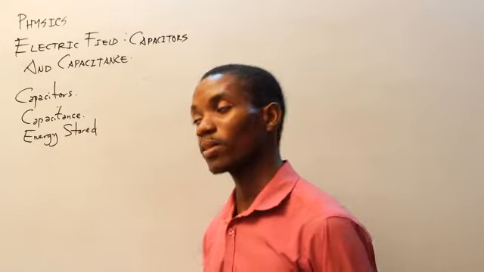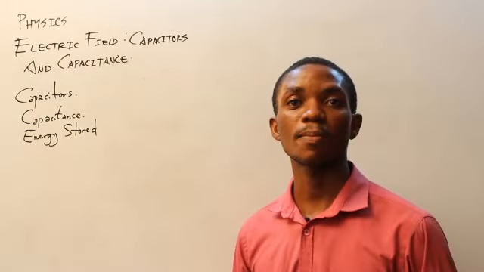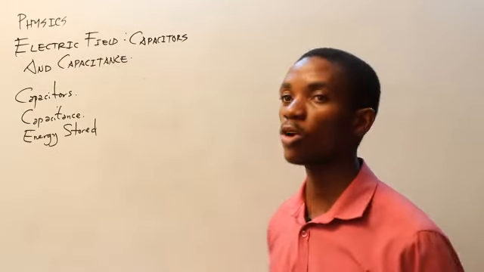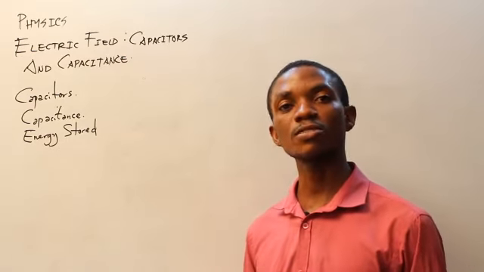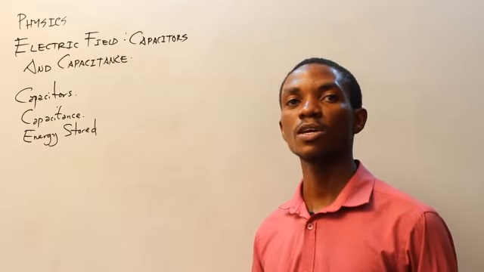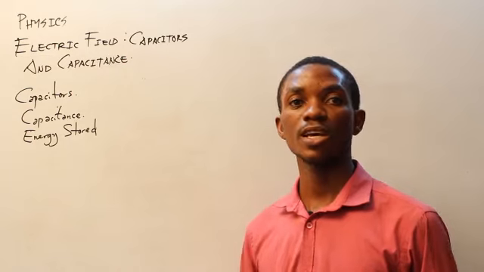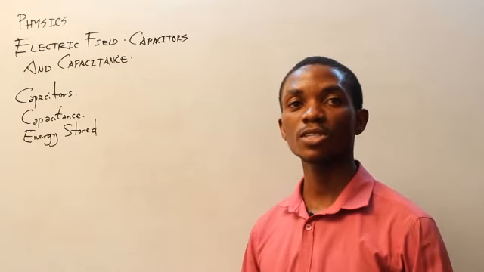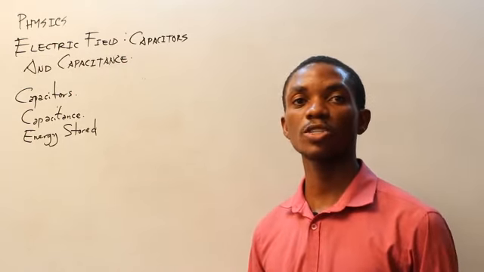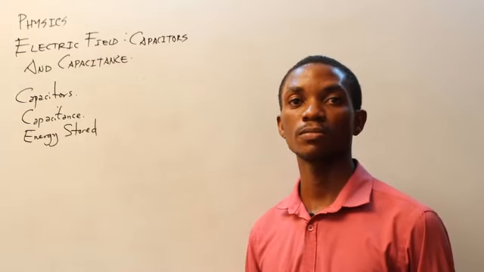Well, let's do some capacitance calculation. It is possible for you to connect your capacitors in series, just like when we were working with resistors. It's also possible to connect your capacitors in parallel.